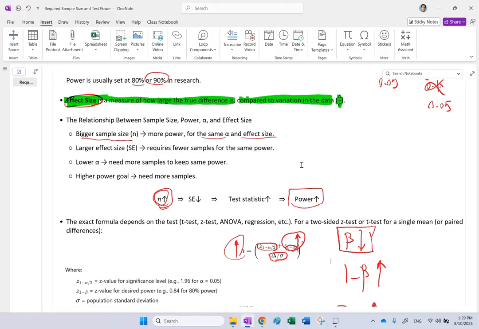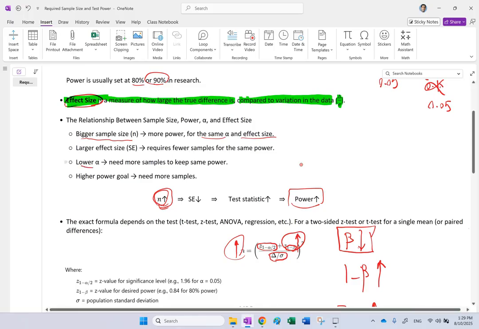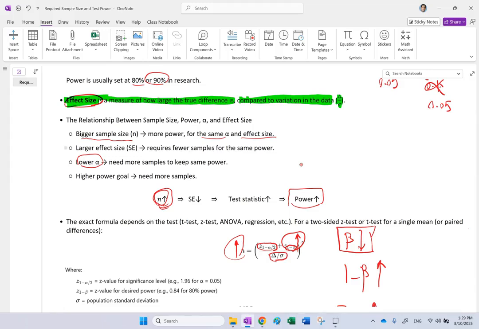Now, if you want to reduce the alpha, so if you want a smaller alpha, what does a smaller alpha mean? Smaller alpha means a smaller chance of doing a type 1 error or a false positive. If alpha goes down, that means this number, 1 minus alpha over 2, is going to go up.